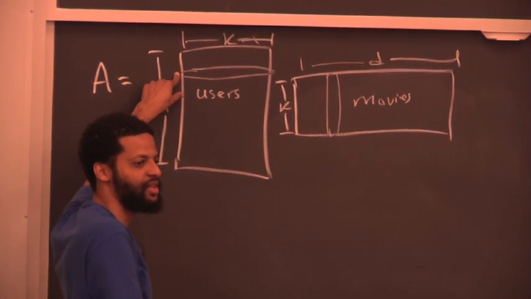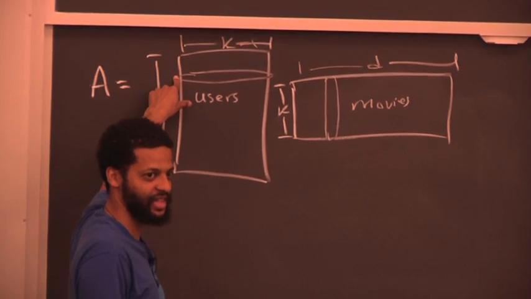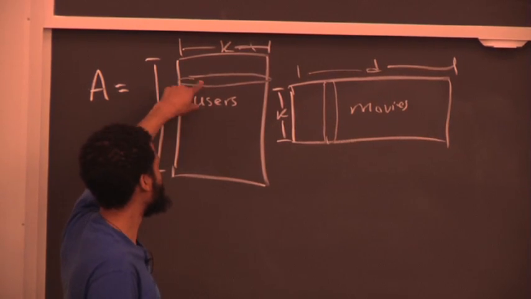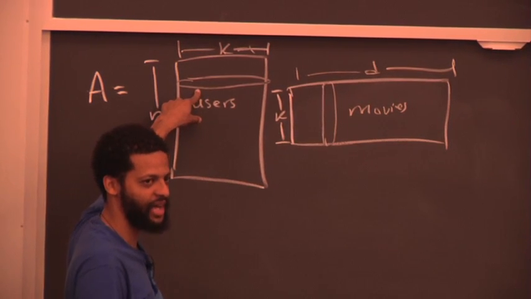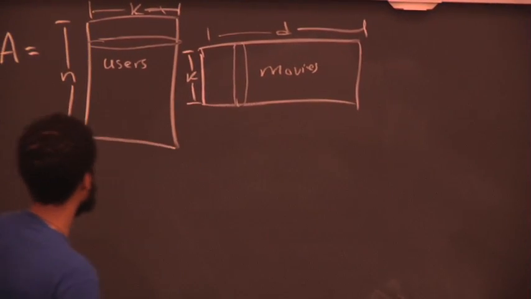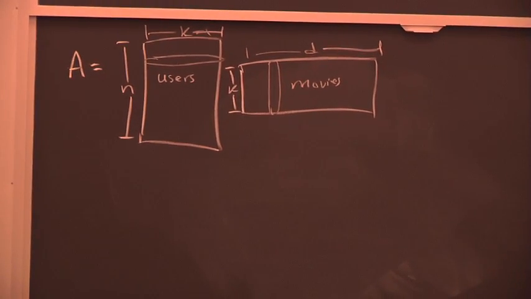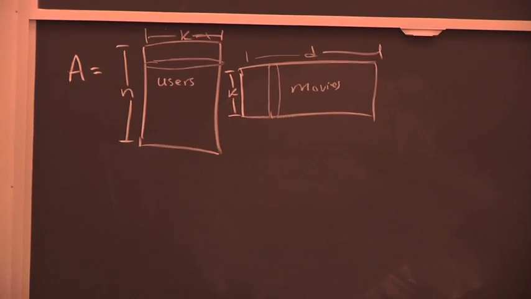Like I'm 30% horror movie lover and I'm 70% comedy lover, or something like that. What does it mean if I'm 0.3 movie lover and then minus 0.2 something else and then minus something else, right? But nevertheless, this low rank approximation is still a very widely used thing.